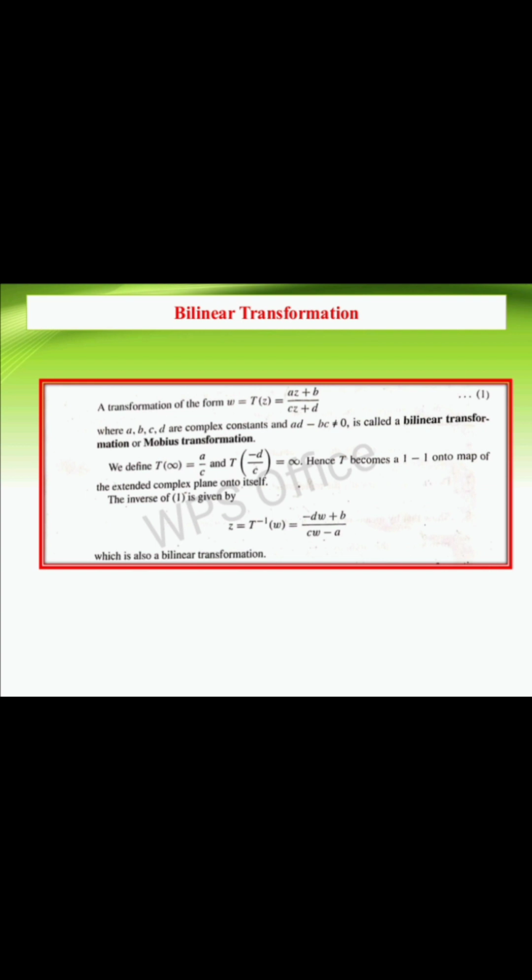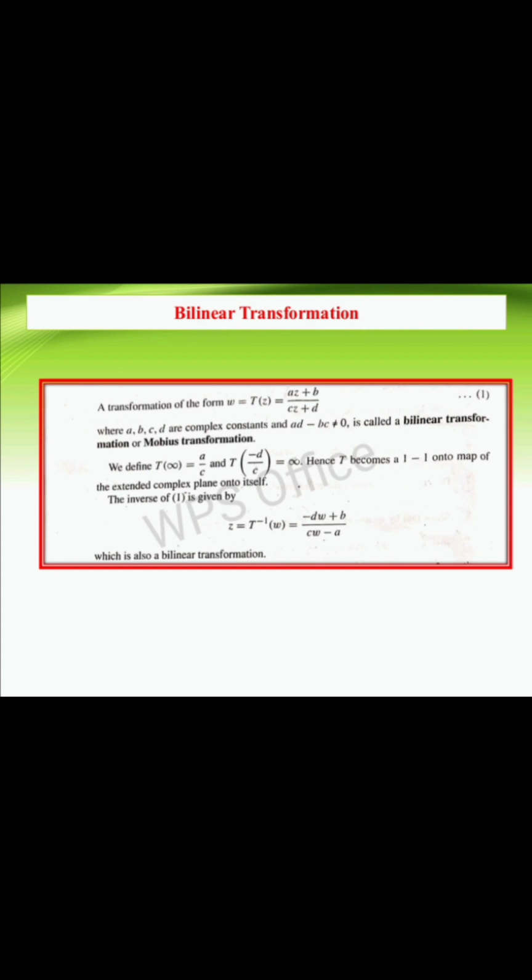Next, the definition of bilinear transformation. A transformation of the form w equal to T of z equal to (az plus b) by (cz plus d), where a, b, c, d are complex constants and ad minus bc not equal to 0, is called a bilinear transformation, or another name is Mobius transformation.